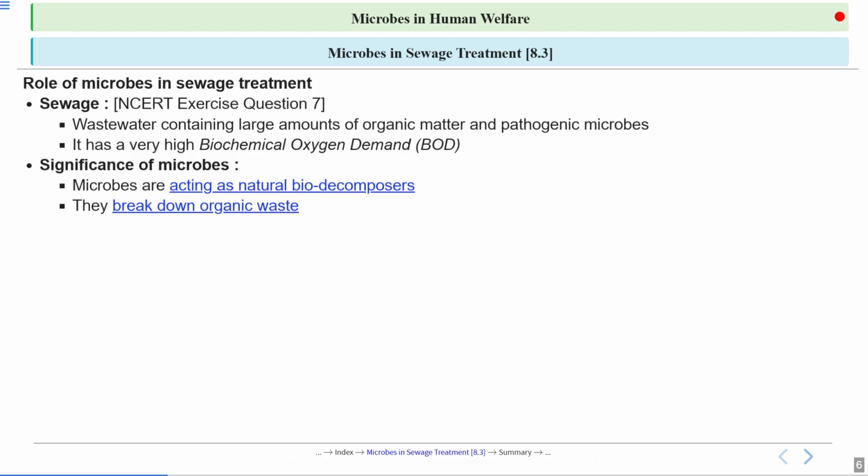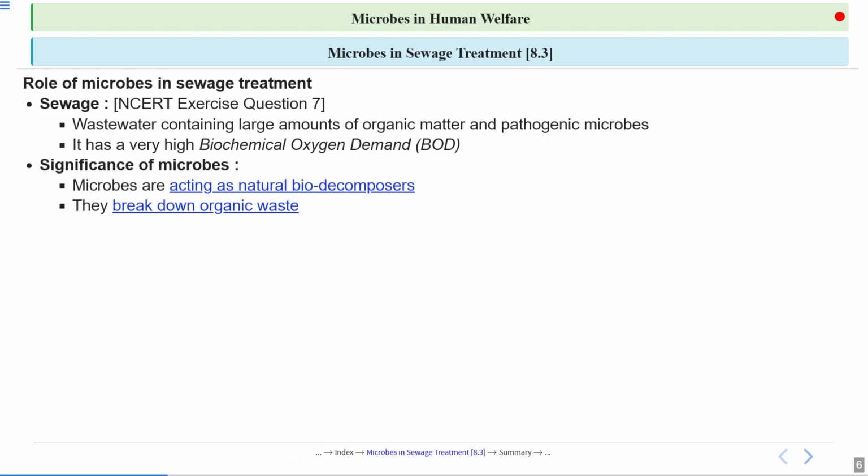Sewage can cause environmental degradation and also many diseases because it contains pathogenic microbes. By breaking down the organic waste, microorganisms help reduce the amount of harmful substances in the water. This is a very critical step in sewage treatment.